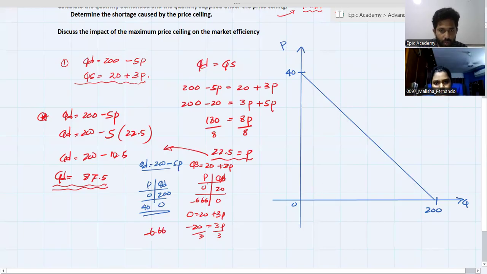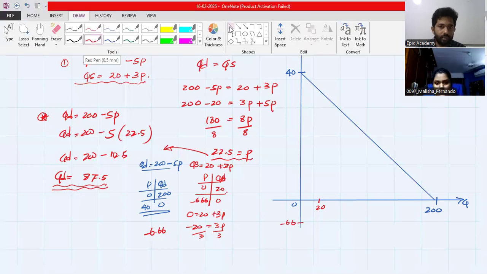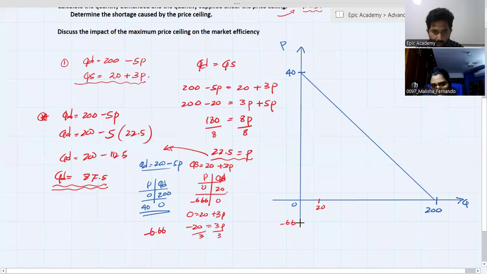When price is equal to 0, quantity supplied is 20. Something like that. When Q equals 0, price becomes a minus value, minus 6.6. Yeah. Now we can draw the line for the QS curve.